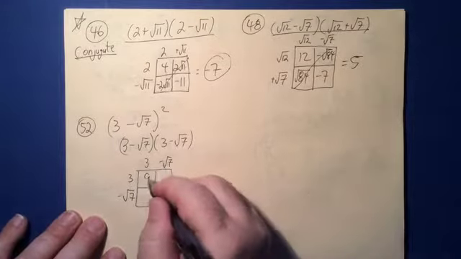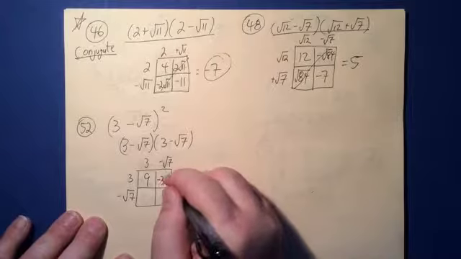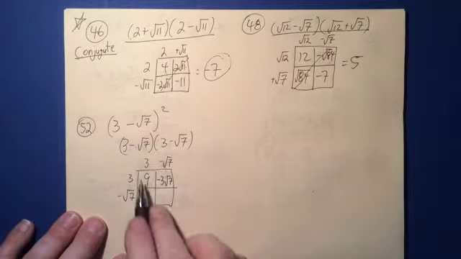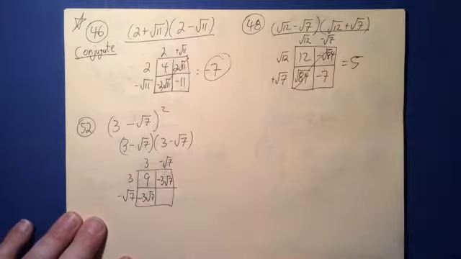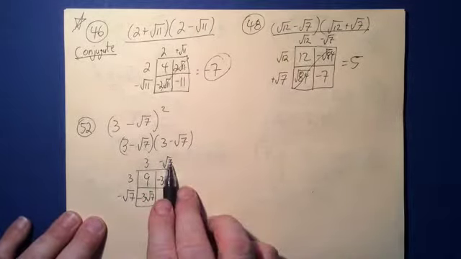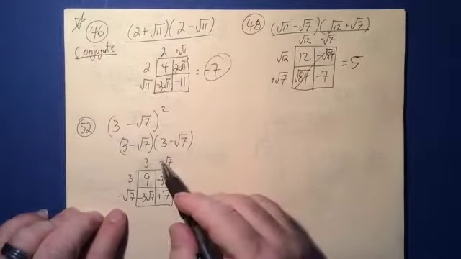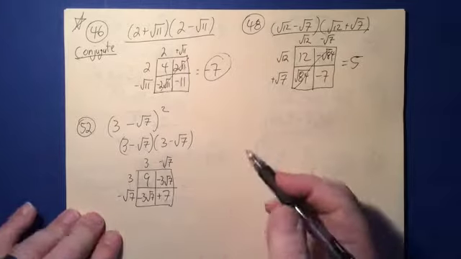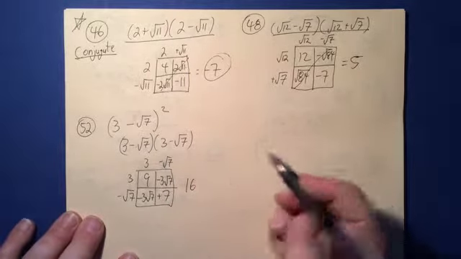3 times 3 is going to equal 9. 3 times negative radical 7 will be negative 3 radical 7. 3 times negative radical 7 will be negative 3 radical 7. Negative radical 7 times negative radical 7 is going to be positive 7, because the two negatives are going to multiply to be a positive. 9 plus 7 is going to equal 16.